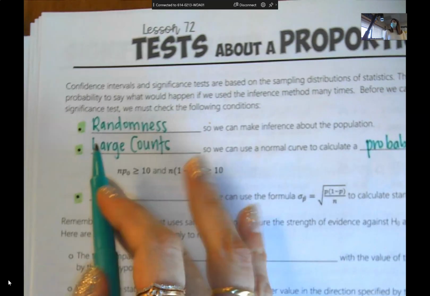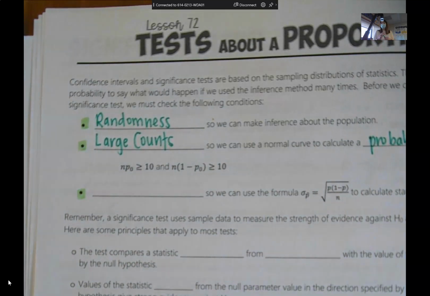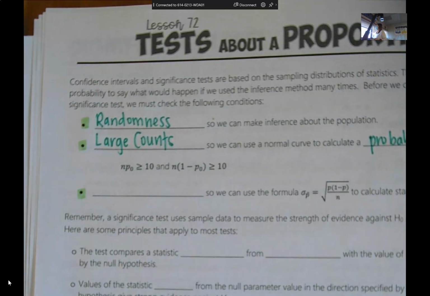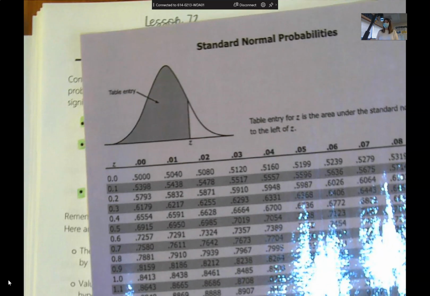We have the random condition to verify that our sample truly matches the population. We have to check large counts so that we know that we can use this Z table to find our probability.